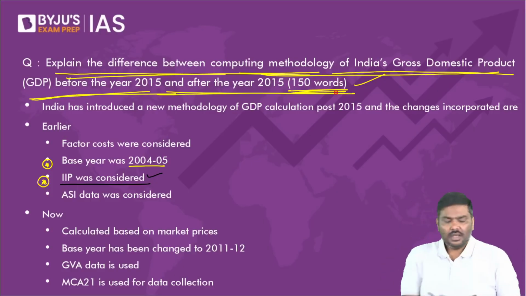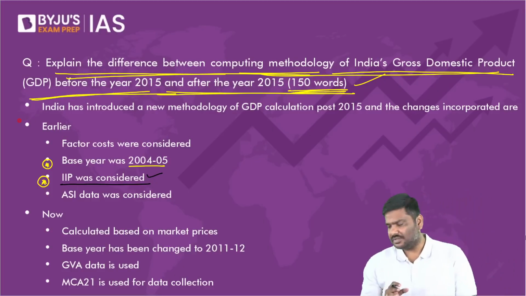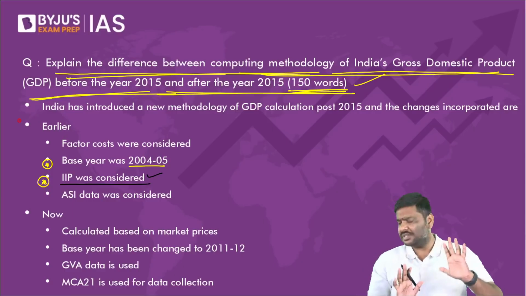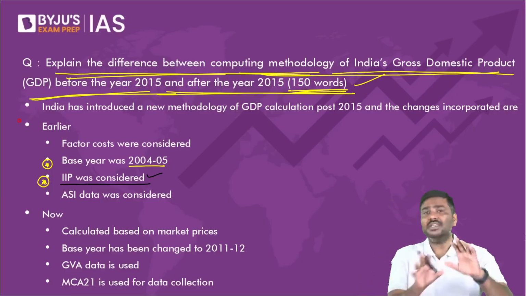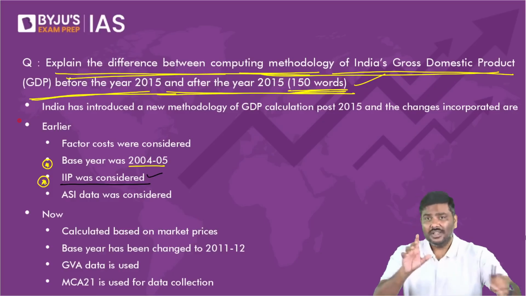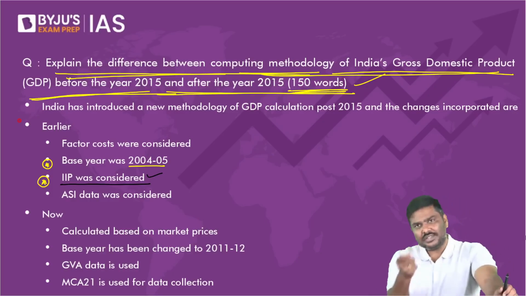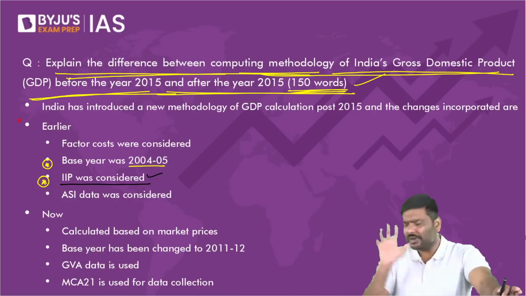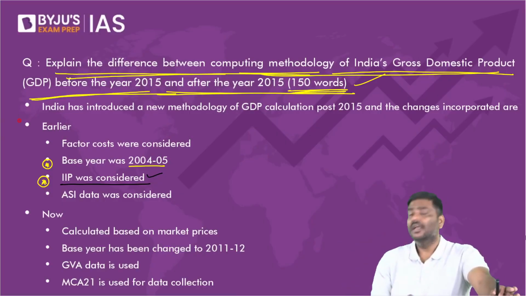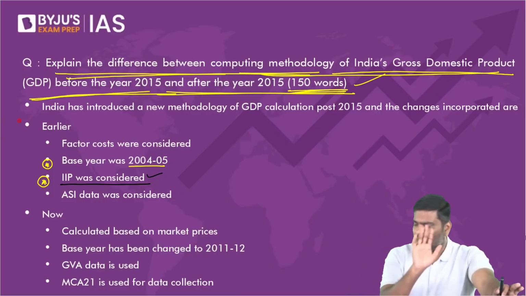So again, if you ask me, these kinds of questions are very, very simple static questions. You should never make a mistake in these static questions, because getting static questions itself is very difficult in UPSC mains. If you get them, you should not make a mistake.